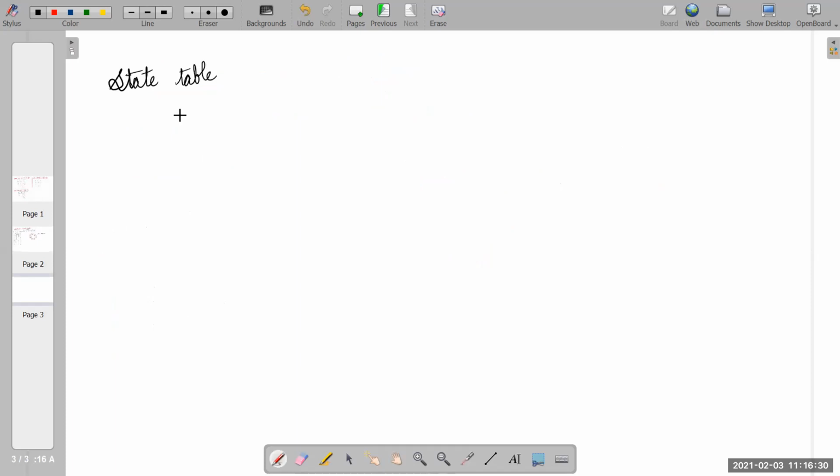State table. In the state table, we will be comparing the present state and the next state. Present state means n. Next state means n plus 1.